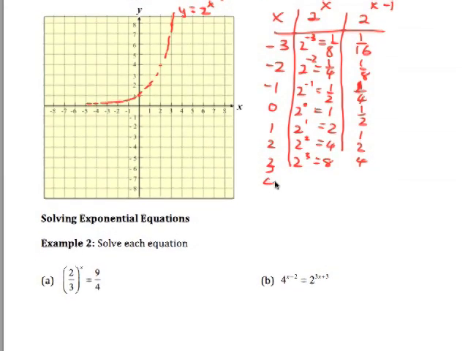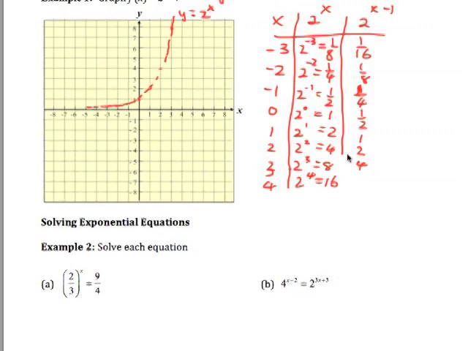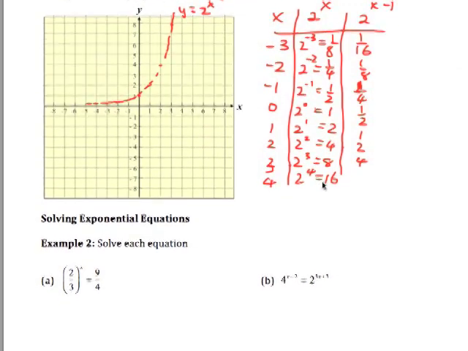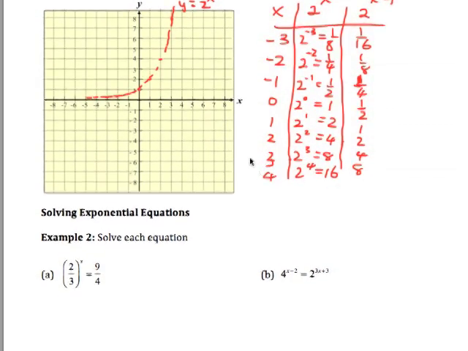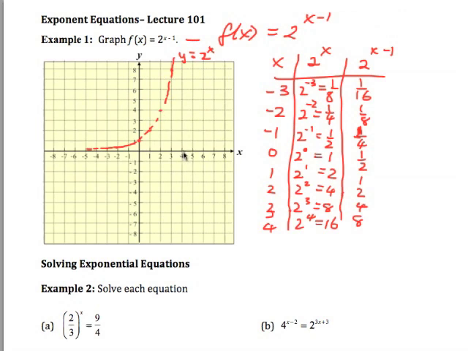This will be 4. Now if I went to a 4 here, this would be 2 to the 4, which of course is 16. But if I do this one, it would be 2 to the 3, which would be 8. So when we go over to 4, we're going to have 8, which is moving it this way. Right there. And then when it's 3, we'd have 4, like so.